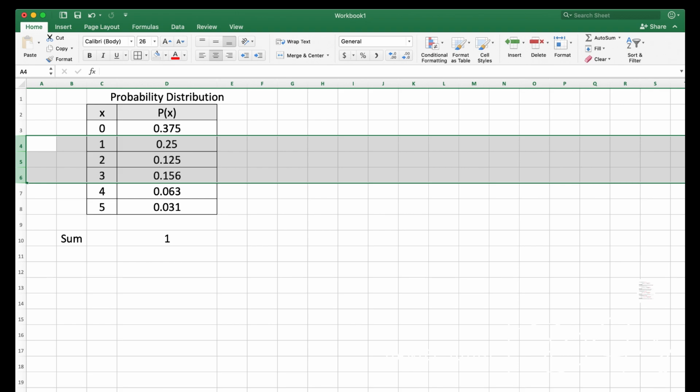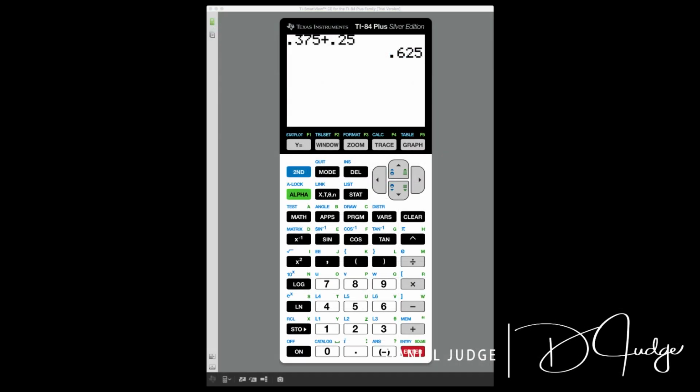Now remember, P of 1, when we read the table, is 0.25. P of 2, 0.125. P of 3, 0.156. When we add these, let's see what the TI gives us. 0.25 plus 0.125 plus 0.156.